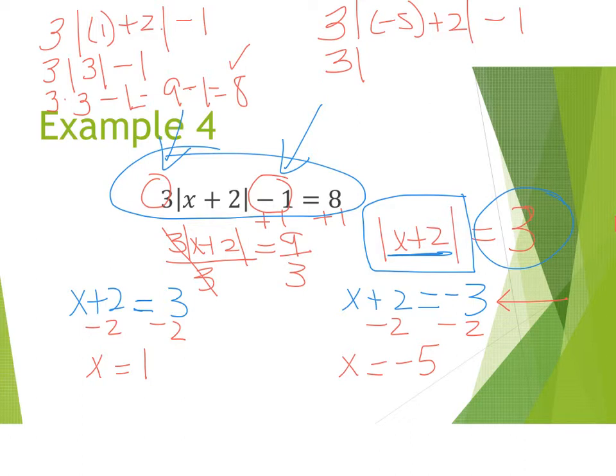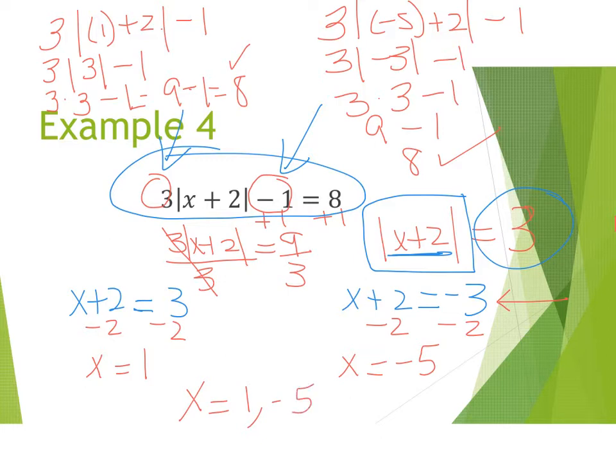I move 2 in the positive direction. That puts me at negative 3. And the absolute value of negative 3 is a positive 3. And I multiply those, and then I get 9 minus 1 equals 8. So this answer works too. So I have two solutions here: x equals 1, x equals negative 5.